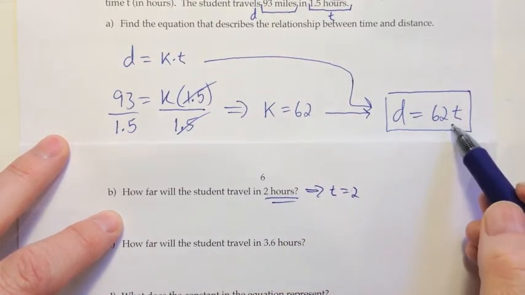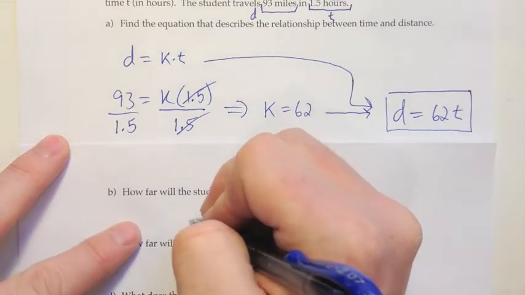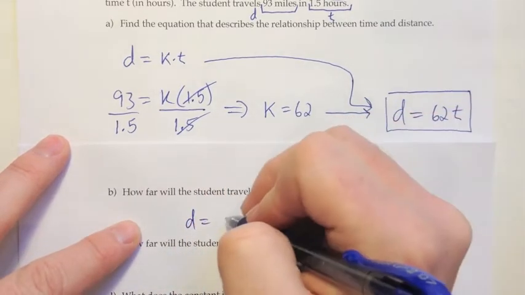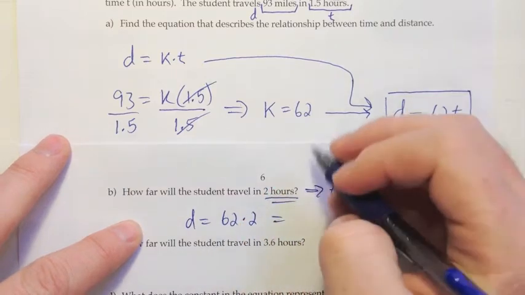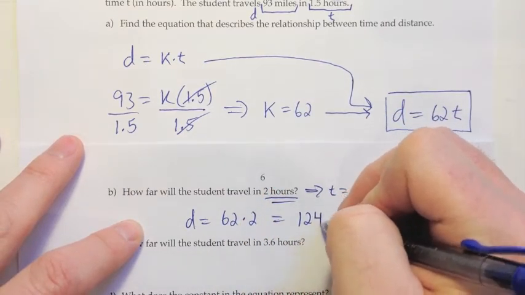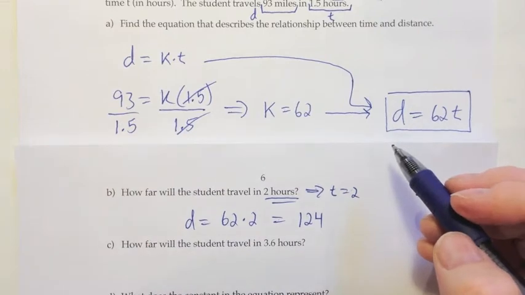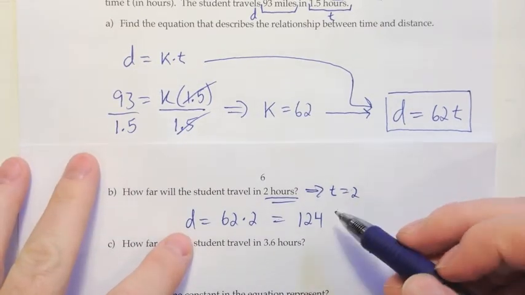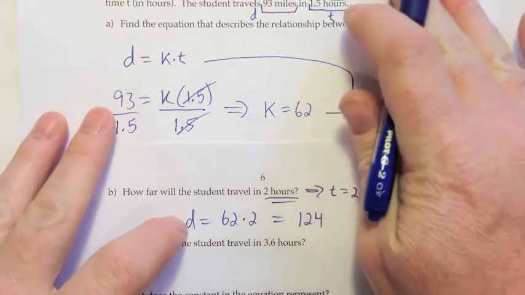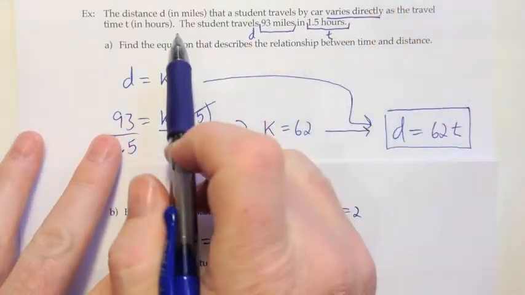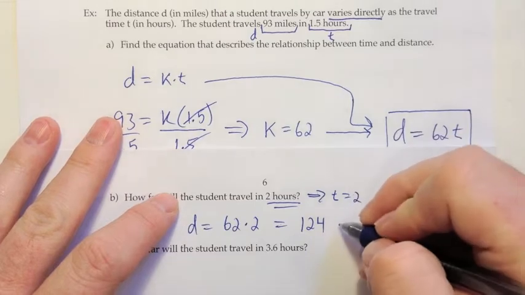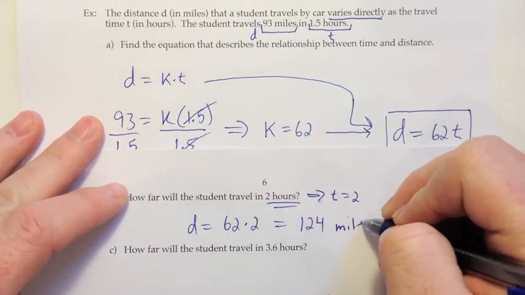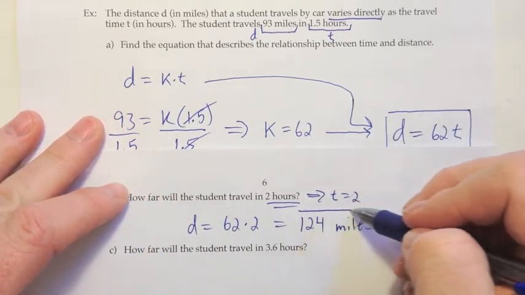We have our equation from the previous page right there, so we substitute into that and get d equals 62 times 2, and we do that multiplication and we get 124. Then we should think about what are the units on that. Well, that is the distance d, and back in the original statement of the problem we learned that d was given in miles, so that would tell us that the student would travel 124 miles during that 2-hour time.